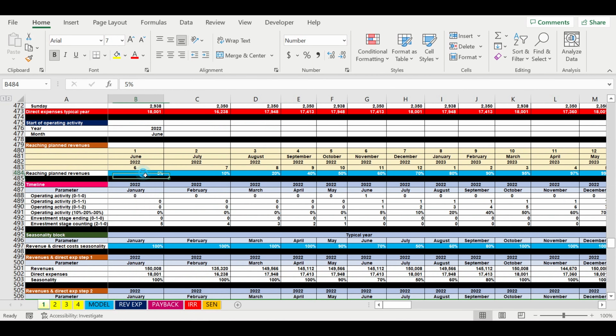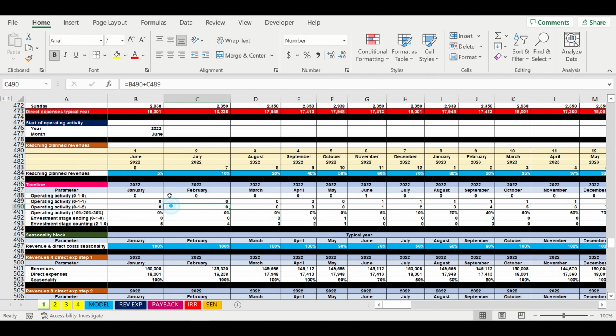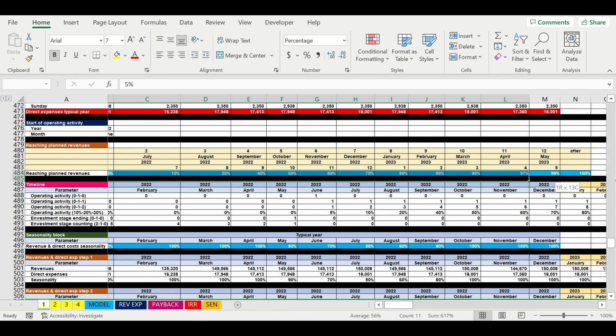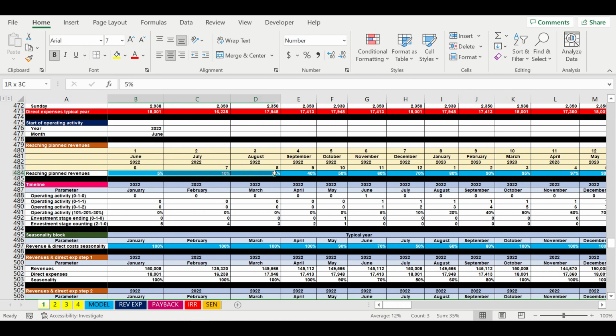What are we doing next? Then we specify how fast we are reaching all these revenues. For example, when we open this workplace, we will have only 5% of the revenues that we plan. In the next month we will have 10%, and 20, 40. Here we can specify how fast we are reaching these numbers of revenues and direct costs, because when we start we may face some operating losses, since we don't have the planned revenues right from the first month, so we will have some losses before reaching 100%.